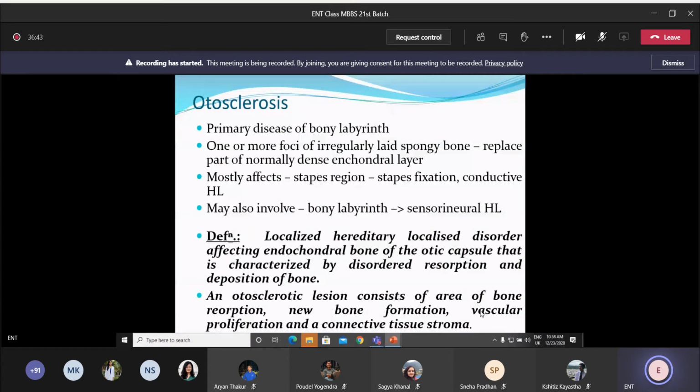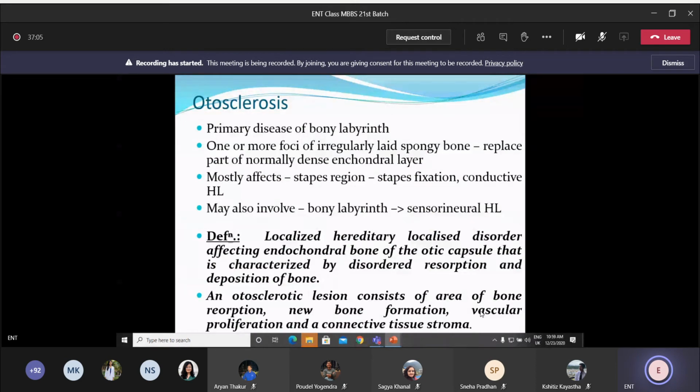And it mostly affects the stapes region, okay? There are various areas around the stapes, which we will discuss later. But the stapes is the main area where this occurs. So what happens when there's a new bone formation around the stapes footplate? It should move, isn't it?